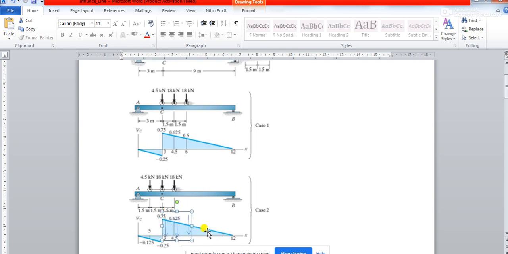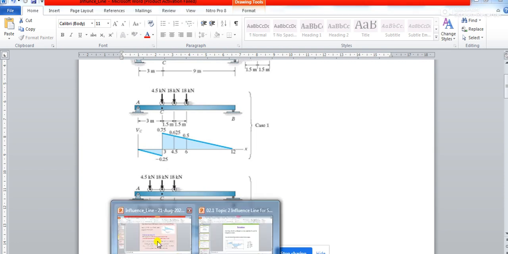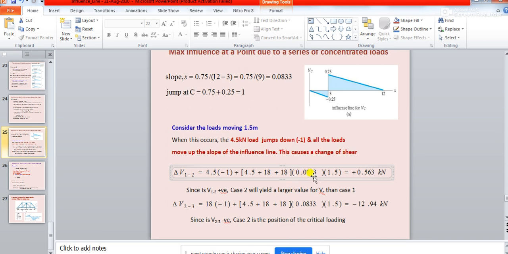How much slope is it moving up? The slope of this straight line. So what is the slope of this straight line? The slope of this straight line is nothing but 0.0833. So this is the third load we are considering. So 18 multiplied by 0.0833 into 1.5.